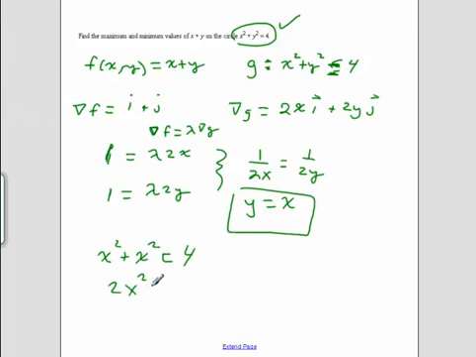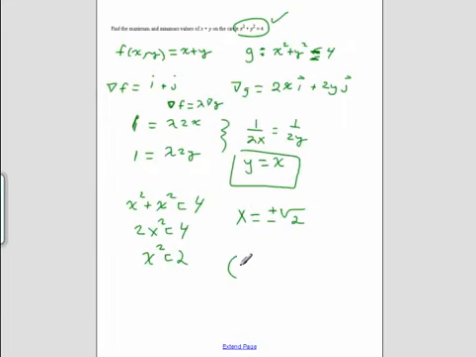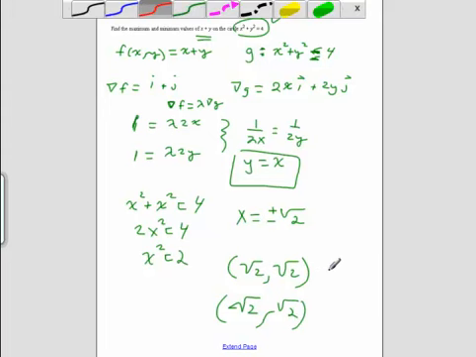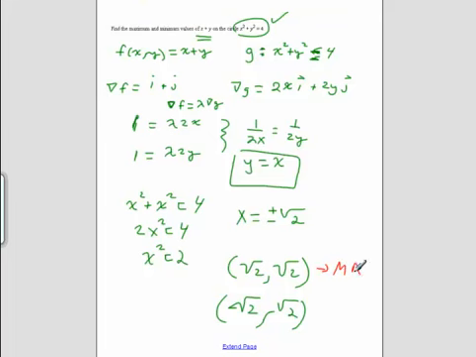So 2x squared equals 4, x squared equals 2, so x must equal plus or minus square root of 2. So our points are going to be root 2 comma root 2 and negative root 2 comma negative root 2. And clearly, since our function is x plus y, without much work, we can understand that this value is going to be our max because it's positive, and this value is going to be our min.